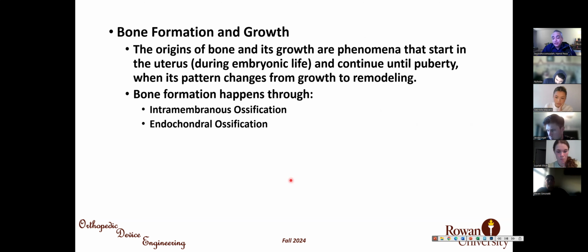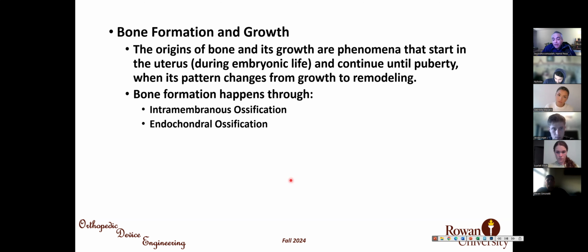The bone formation in our body begins in embryonic life. When the embryo is being developed, different tissues and organs start to develop. One of the organs is bone. This development and creation of new bone continues until the end of puberty, when the growth is finished.